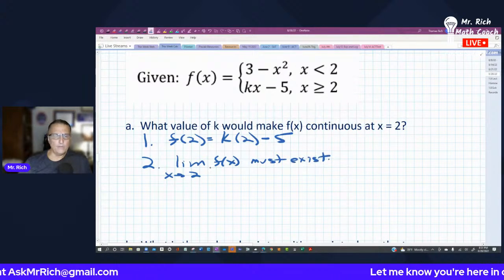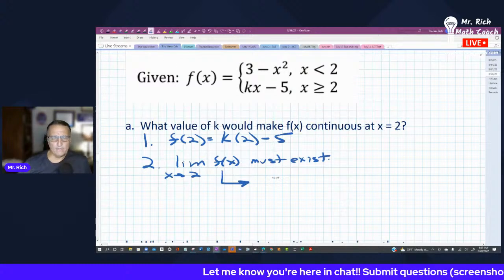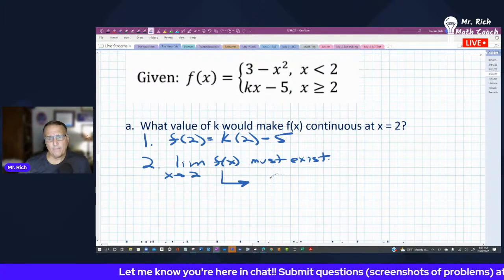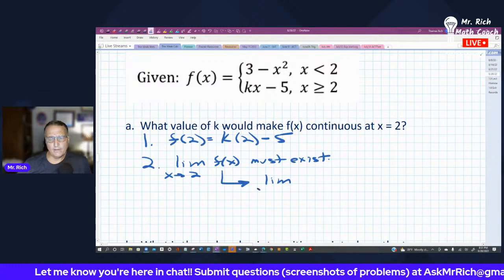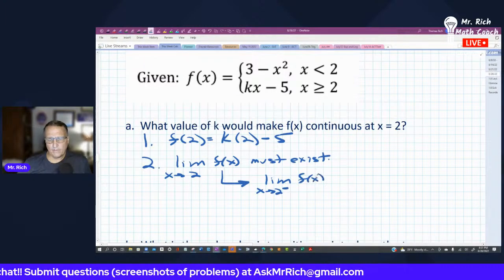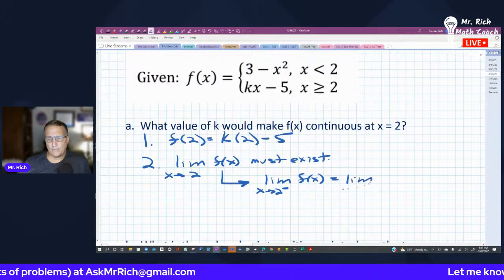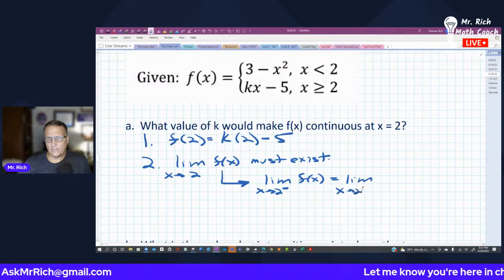And to check that the limit exists, the left-hand limit of that function at 2 has to be equal to the limit on the right-hand side.